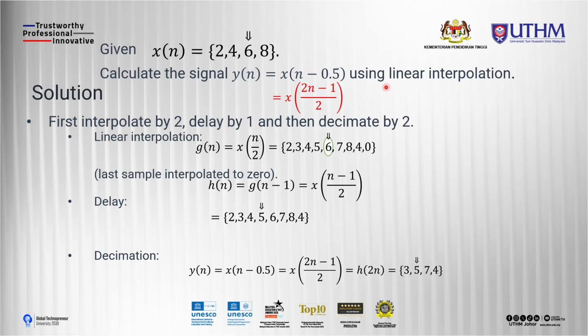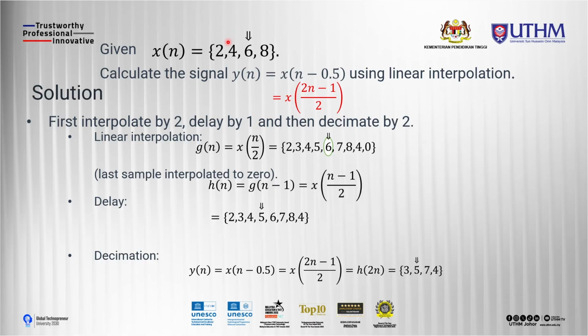The question requests linear interpolation. Linear interpolation by how many? By n over 2, so it means we interpolate by 2 from the numeric sequence here. Interpolate by 2 means from 2 to 4, you have one interpolated sample in the middle.